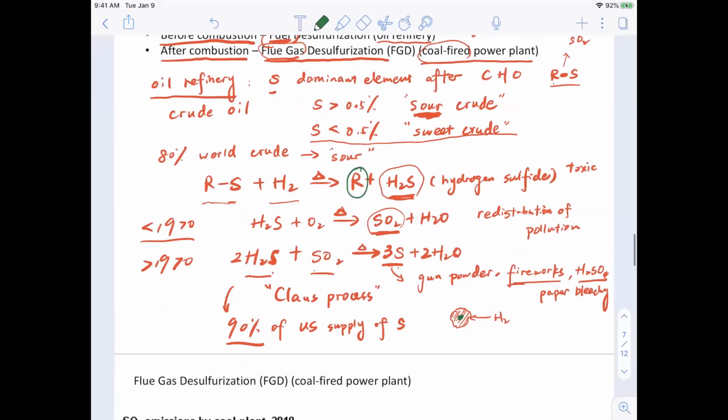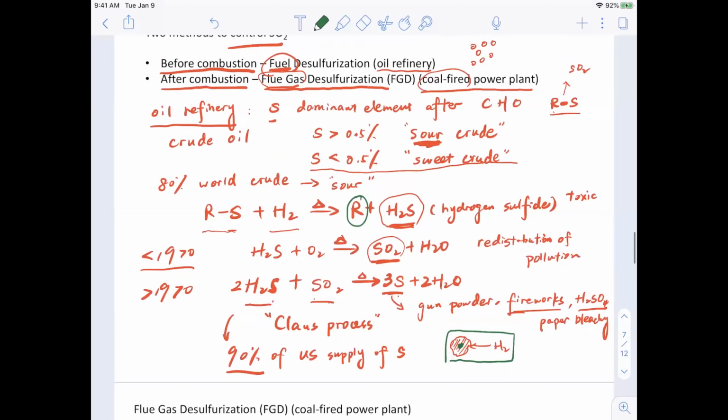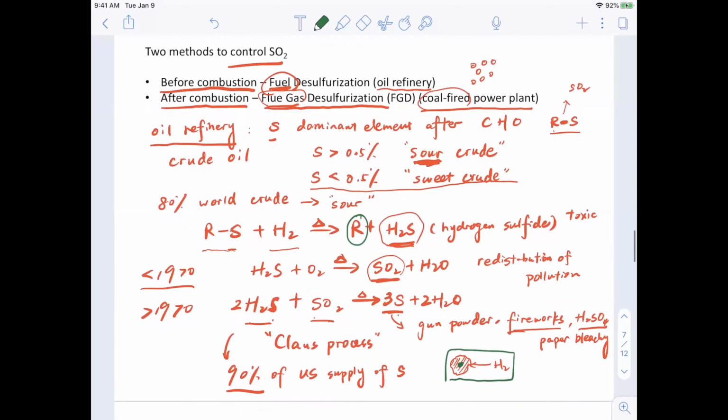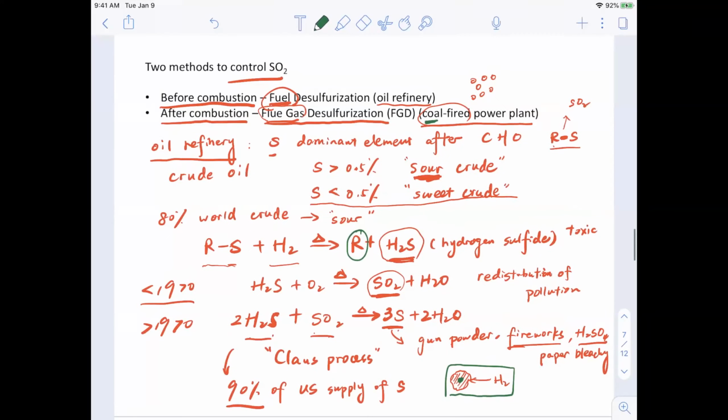So that's why this method, the fuel desulfurization, cannot be easily applied to solid forms of the fossil fuels, right? We cannot use the method for the coal particles, and it's more widely used in the oil refinery for crude oils.